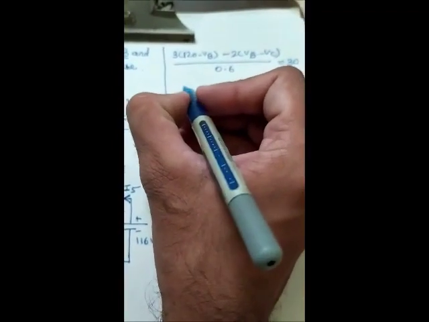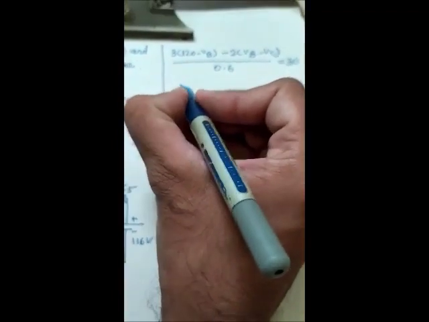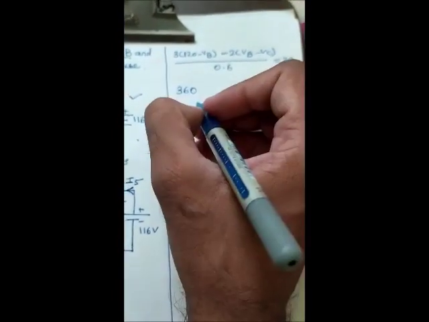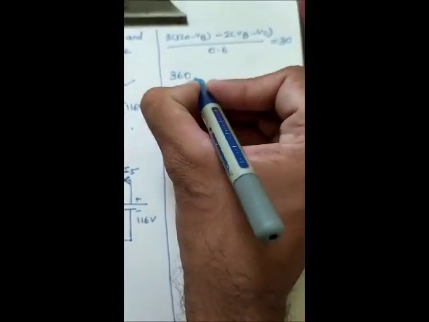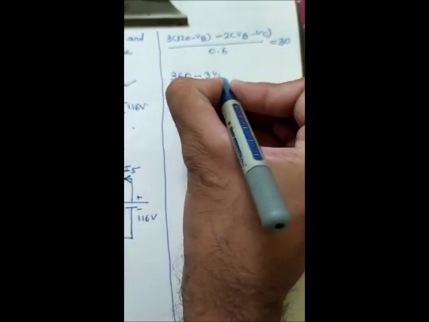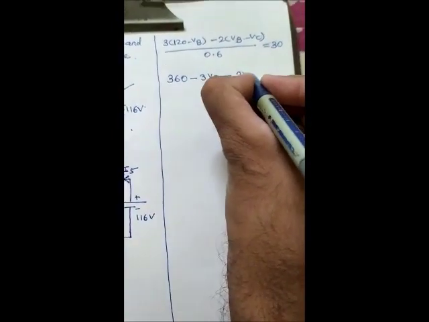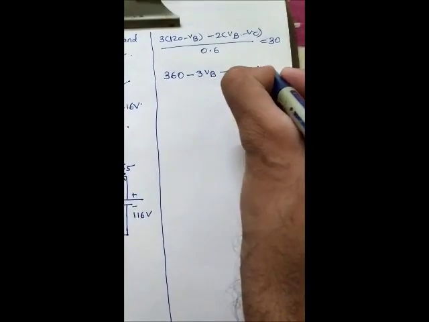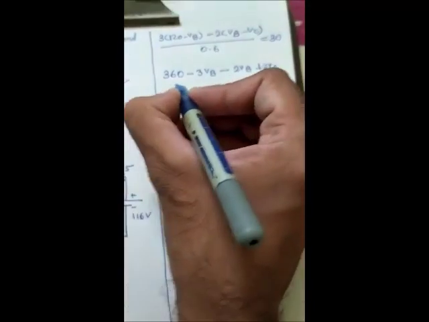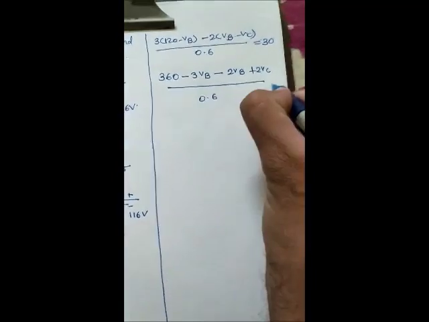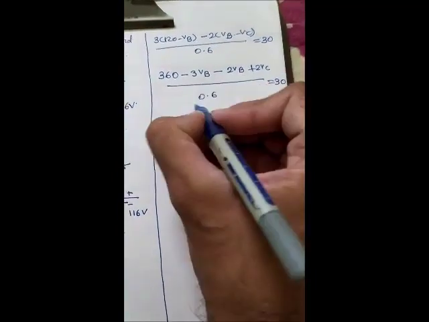So multiply 3 into 120. 3 into 120 is, 12 3s are 36, so it is 360, minus 3VB, minus of 2VB, and minus minus is plus 2VC, divided by 0.6 is equal to 30.